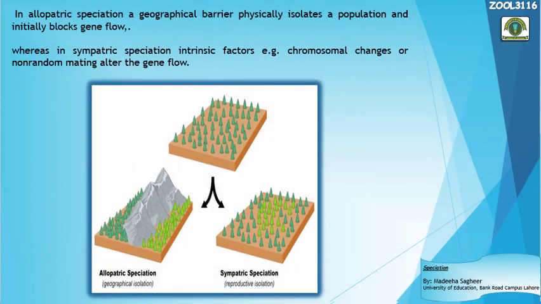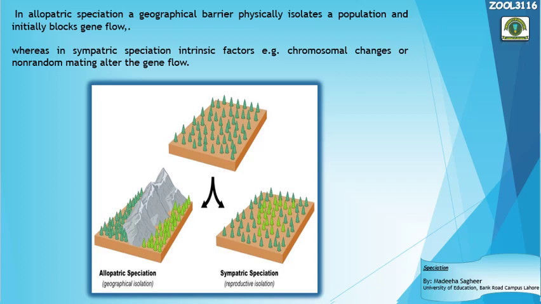Okay, this is now the pictorial representation of both major types of speciation, that is allopatric and sympatric speciation. We talked about allopatric speciation in our previous lecture, and now we are taking up sympatric speciation for discussion. But just to make your concept of speciation clear between both major kinds, I have given this pictorial representation.